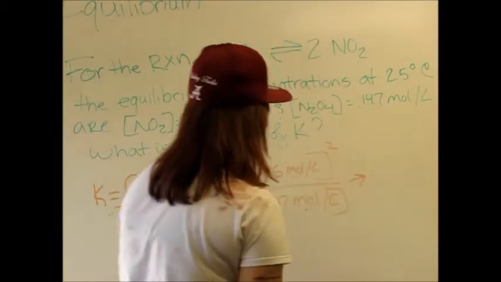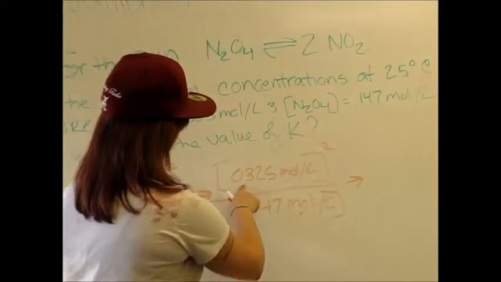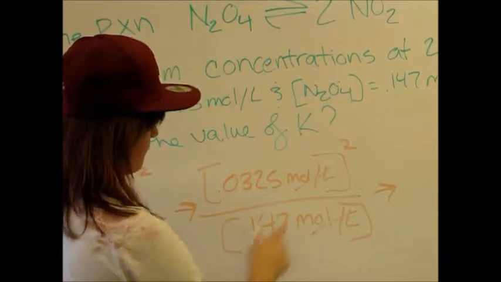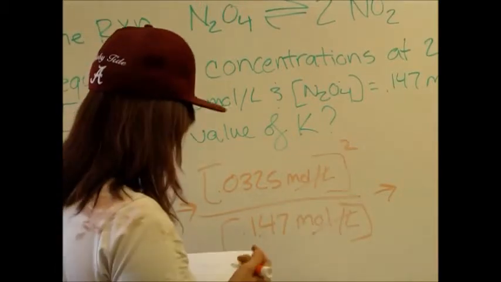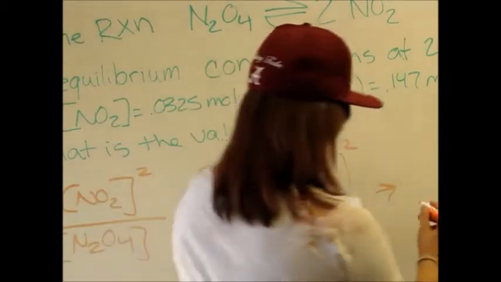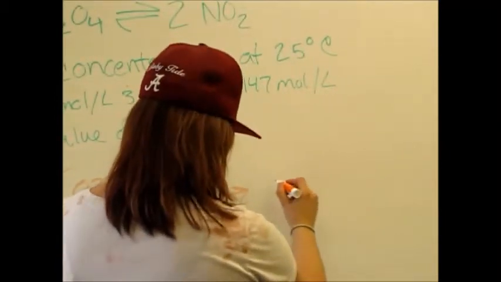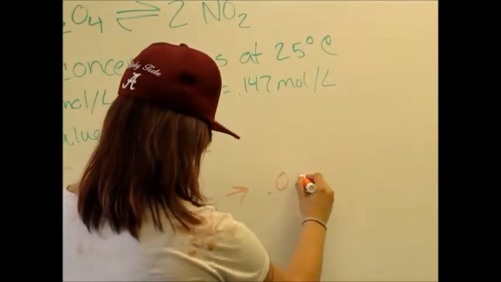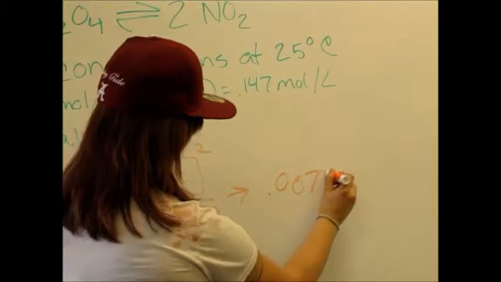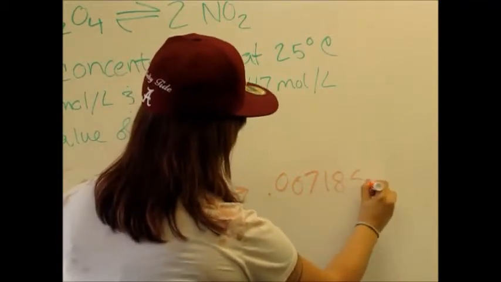So then once you do the math, you're going to square the 0.0325 first, and then divide by 0.147, which gives you a number that is 0.007185.